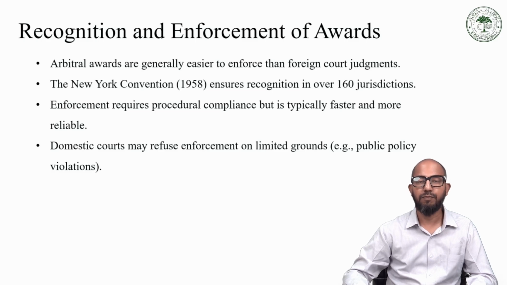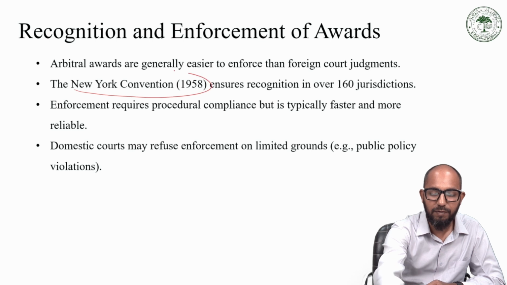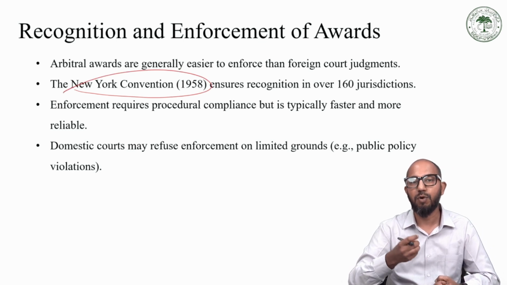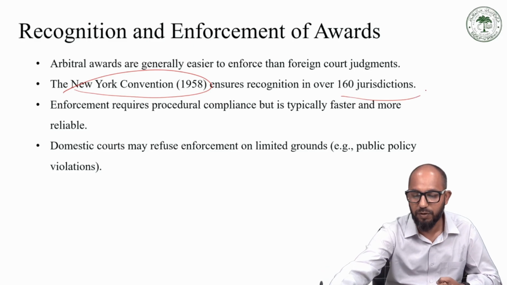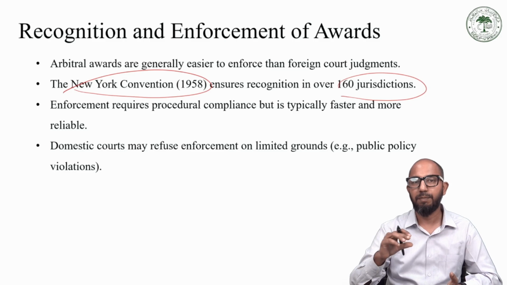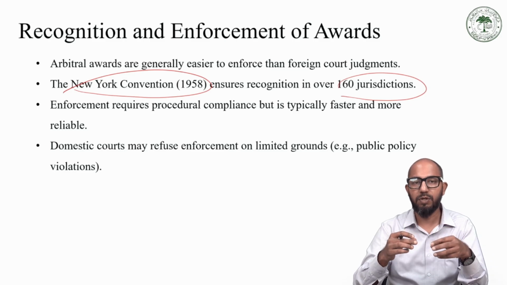Let us now try to focus on recognition and enforcement of awards. Arbitral awards are generally easier to enforce than foreign court judgments. As an example, we have the New York Convention of 1958, which ensures recognition in over 160 jurisdictions. Thus, using such conventions makes it easy for exporters and importers to resolve their issues.